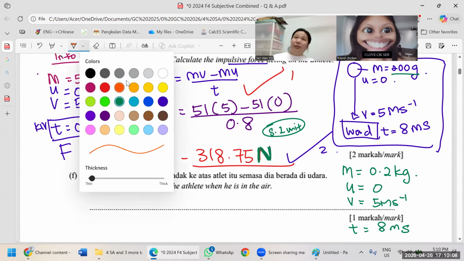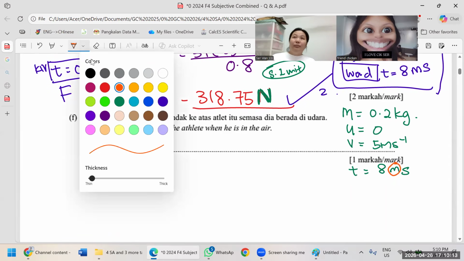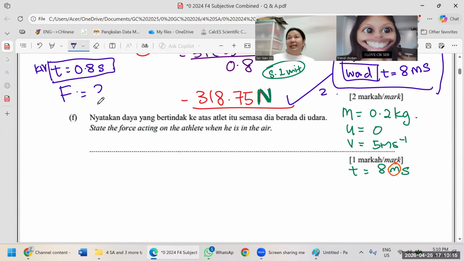Please be alert to the prefix. This is called millisecond. So you have 2 ways to do it.